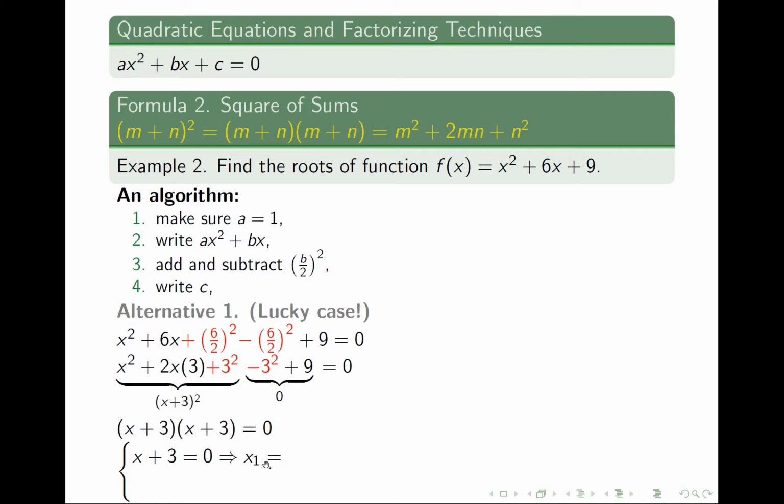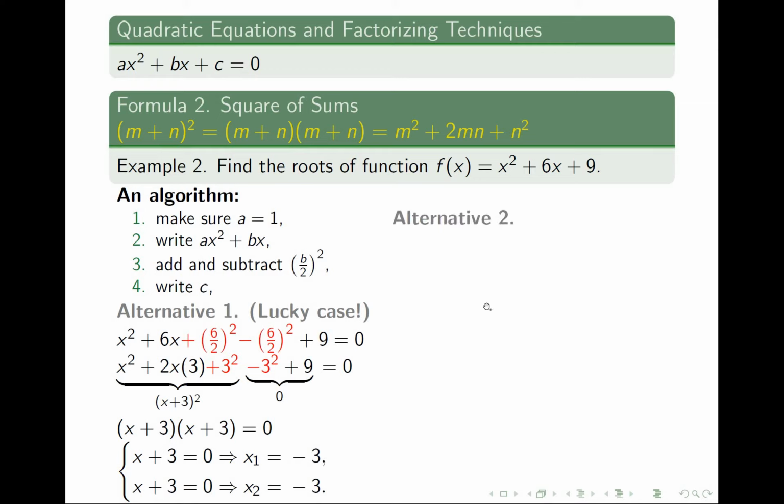So x1 is equal to minus 3, or x plus 3 equals 0, which yields x2 equals minus 3. As we remember, a quadratic equation has to have two zeros. And we got two zeros, but they are the same.